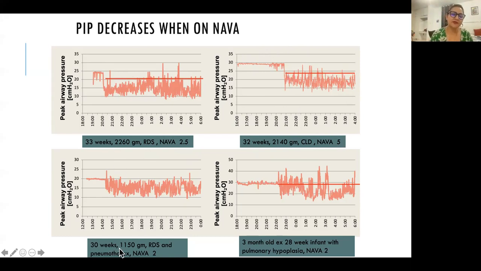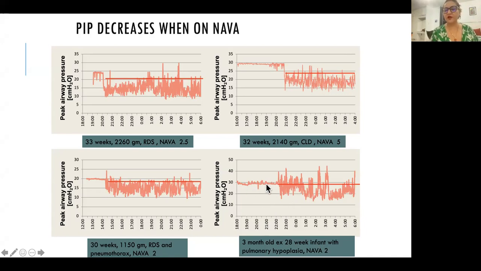Then another baby, 30-weeker, 1,150, RDS with a pneumothorax. With a pneumothorax, you will put a lower NAVA level. The baby was requiring pressure of 20, and now the pressure requirement came down to 17 or 18. Another baby who was 3 months old, ex-28-weeker infant with pulmonary hyperplasia was on NAVA 2.